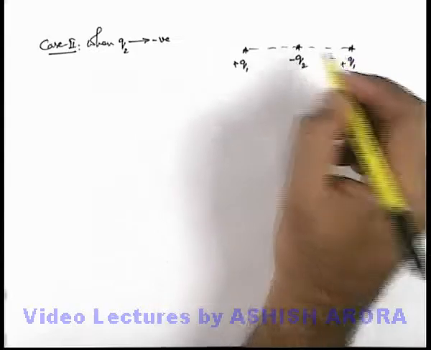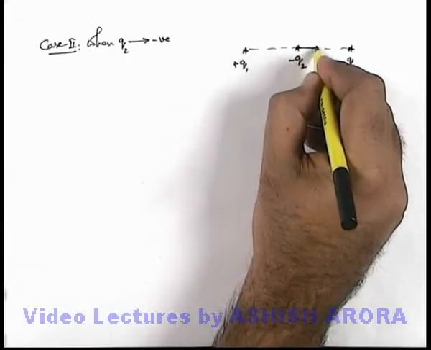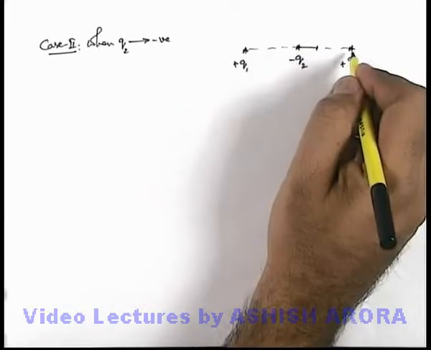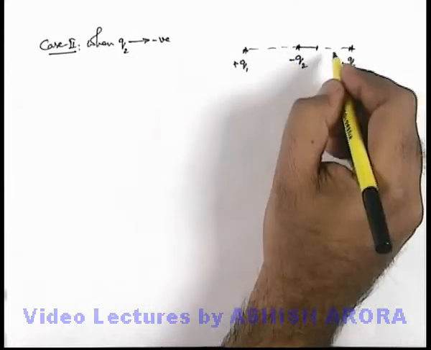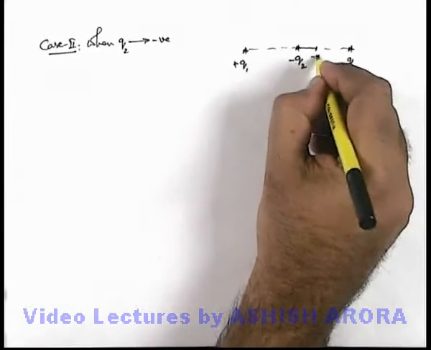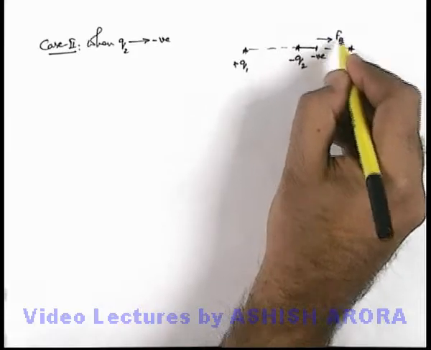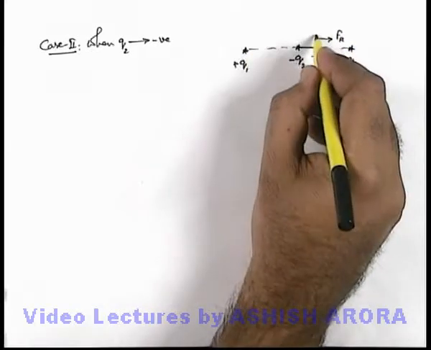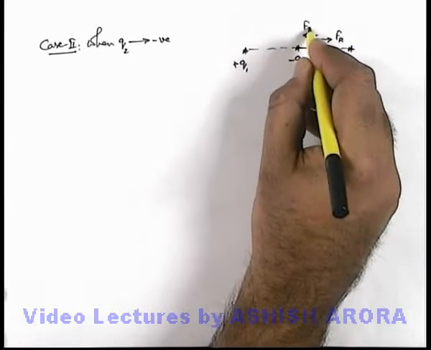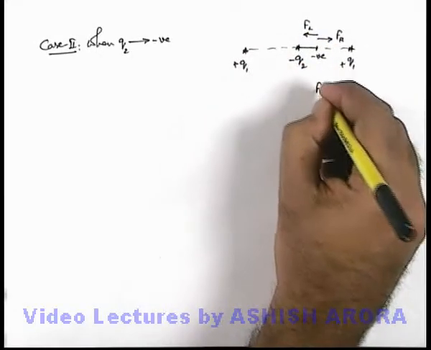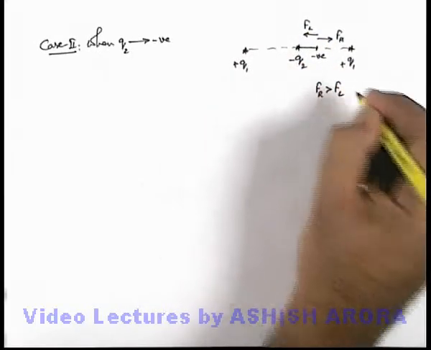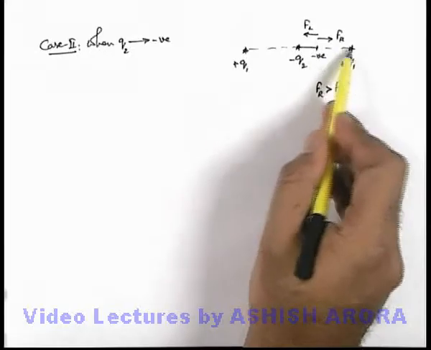Let's see what will happen if it is displaced slightly toward the right charge along the line joining. As it is a negative charge, this positive Q1 will exert a force on it, Fr, and the other positive Q1 will exert a force on it toward the left, FL. Fr will be more than FL because this separation is less.